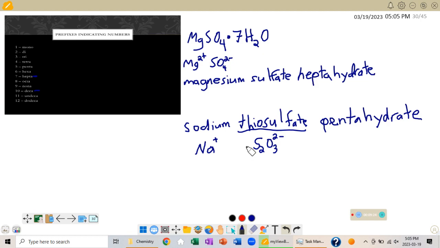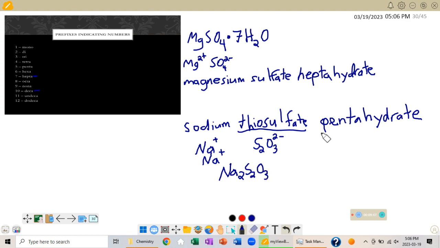So it is one of your polyatomic ions. So we've got Na+. Oh, I need 2 of these, because I've got 2 negatives, I need 2 pluses. Okay, so I got 2 of those. So my formula is going to look like Na2S2O3.